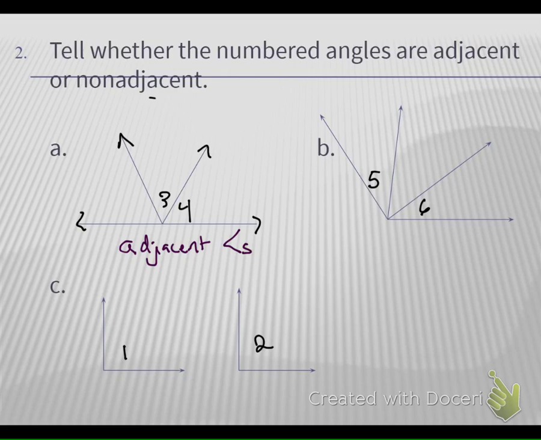Our next one up. Okay, do they share the same vertex? Yeah. Do they share the same side? No. They have one side here, but neither of them is comprised of the same side. So are they going to be adjacent? Nope, so we say they're non-adjacent, or not adjacent. Okay, over here, they don't share a common side.